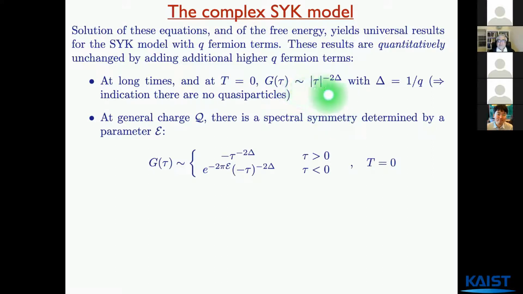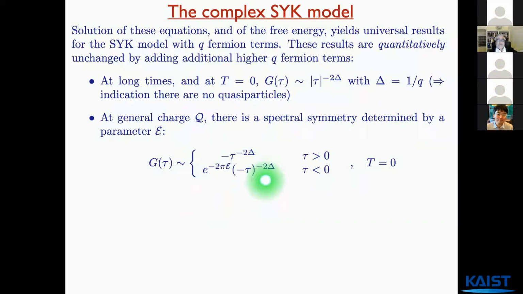For the purpose I'm going to discuss today, it also turns out to be useful to allow for particle-hole asymmetry. This is a feature that's not present in the Majorana model, which is particle-hole symmetric. So if you have a general charge Q, then the amplitude of this decay at long times need not be the same for positive and negative times, because one corresponds to adding particles, the other corresponds to removing particles.